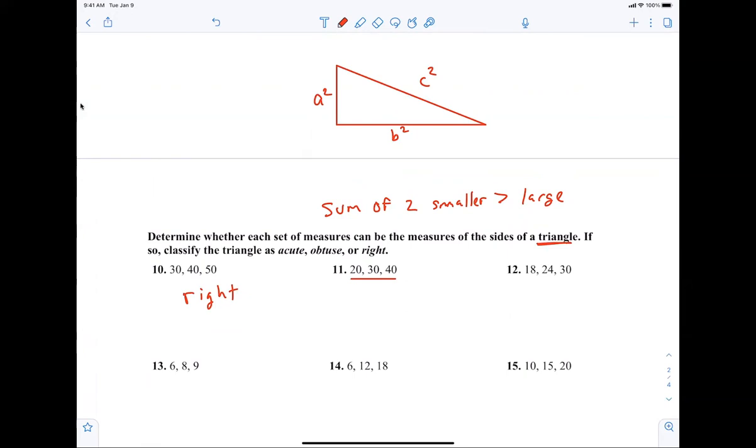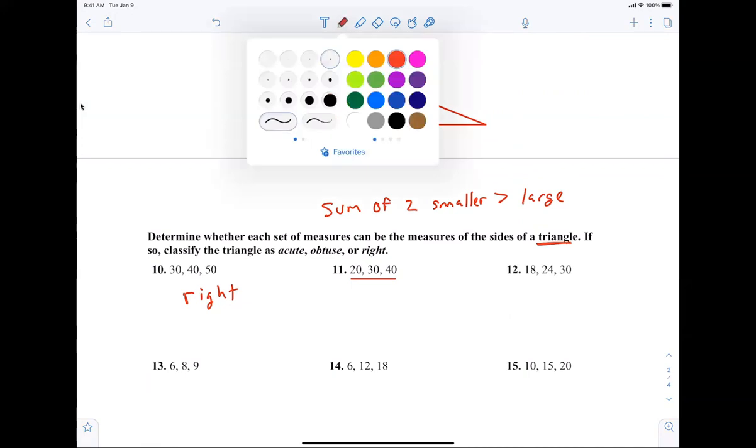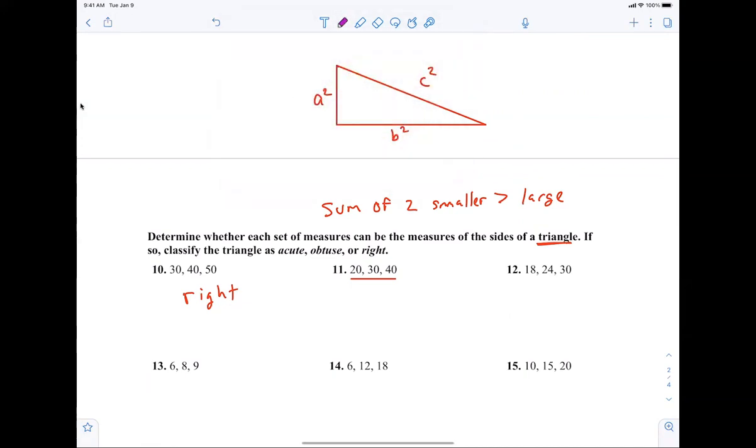Now, what would happen if I take c and make it bigger? What is that going to do to this angle right here? It becomes obtuse, right?